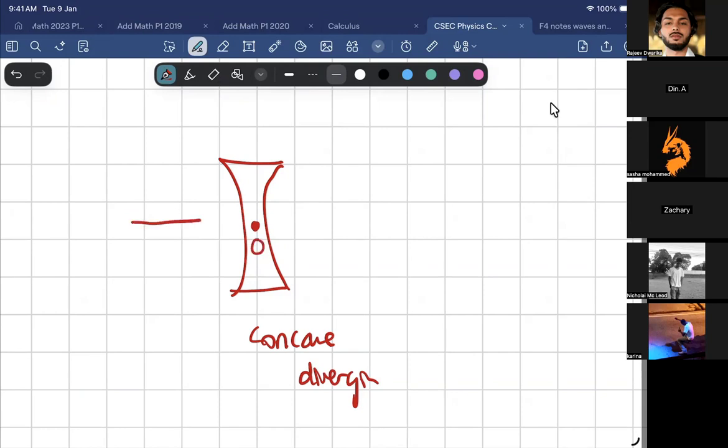Right. If I have a light ray passing through the optical center, will it bend after or will it go straight through? Straight through. Yes. Anytime you have a light ray passing through the optical center, it goes straight through. And that is what creates the principal axis, as you will see just now, I promise.